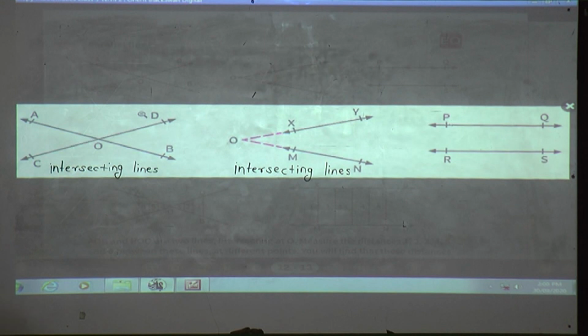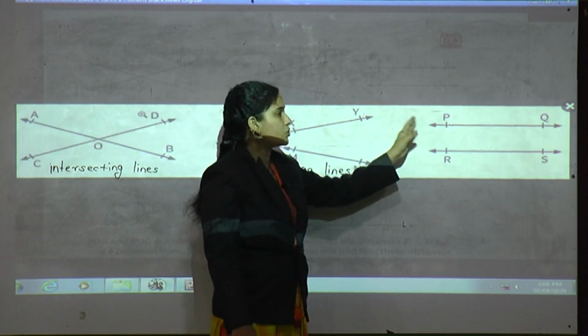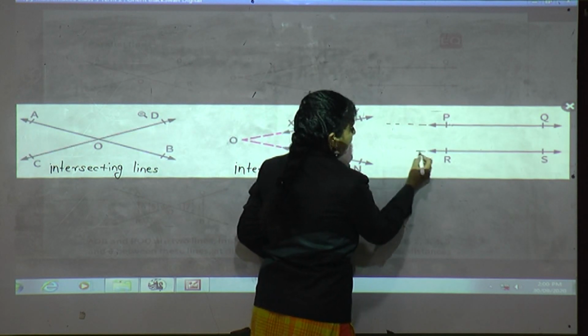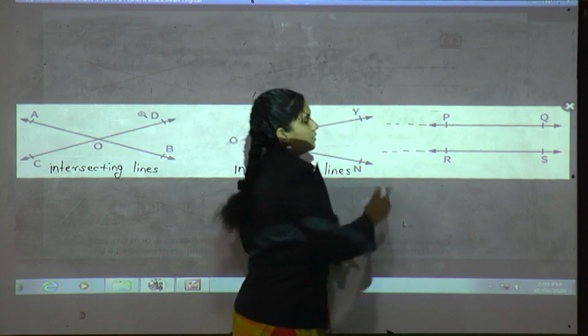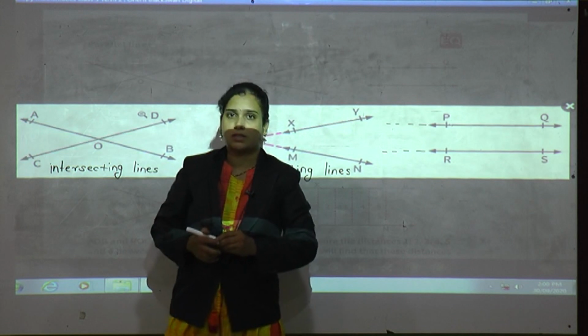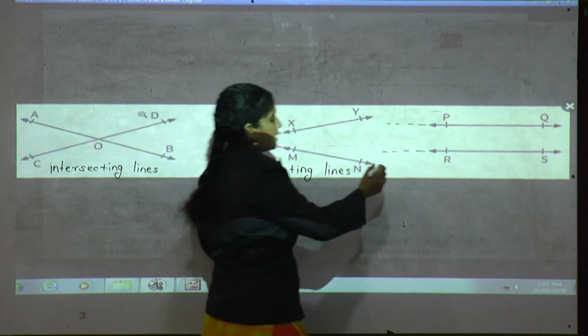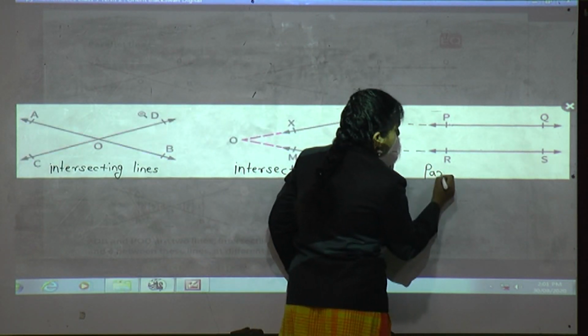Even if we extend these two lines, they are still not intersecting each other. So these lines are called parallel lines.